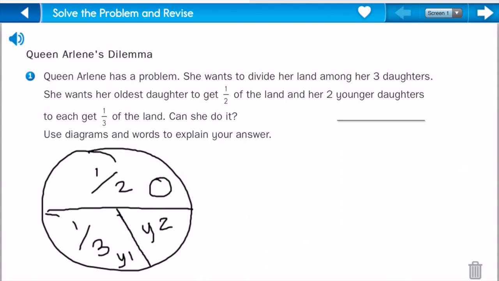So, can she do it? No, she cannot do it.